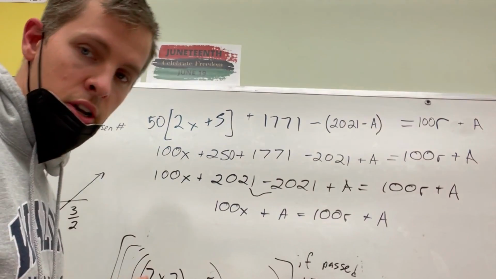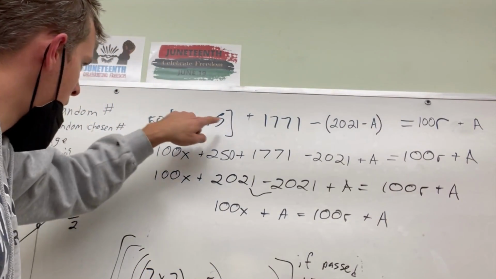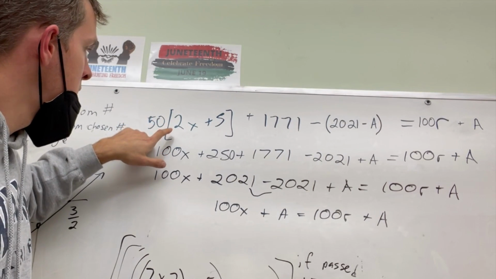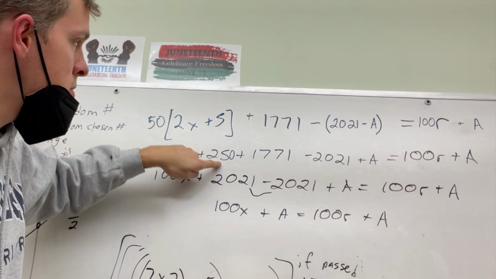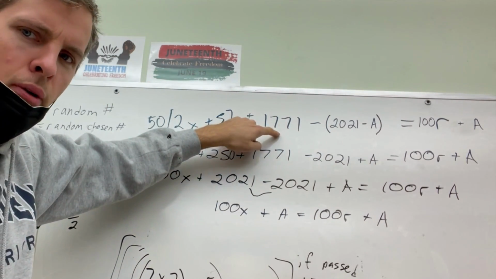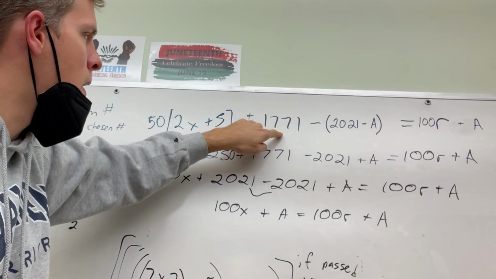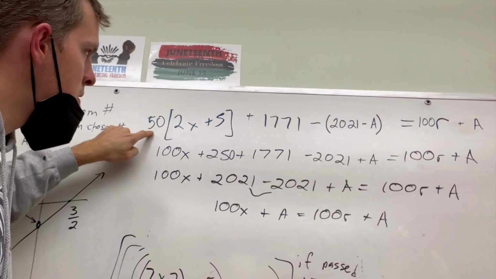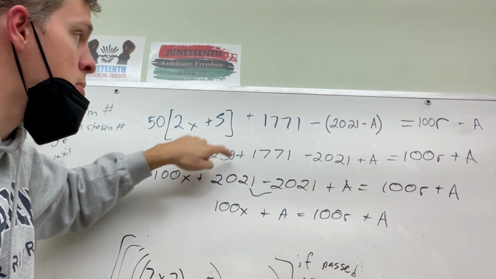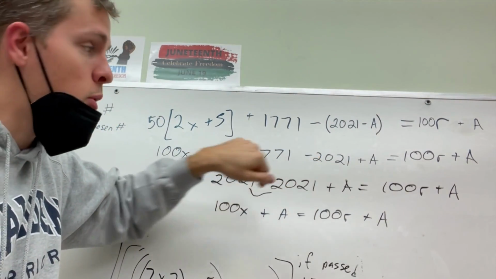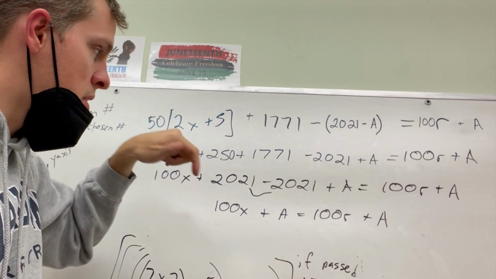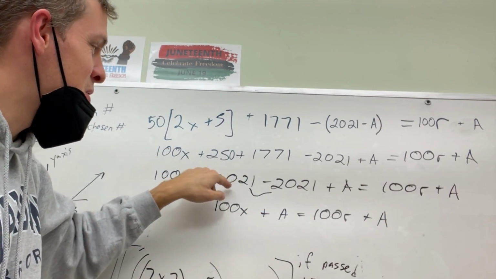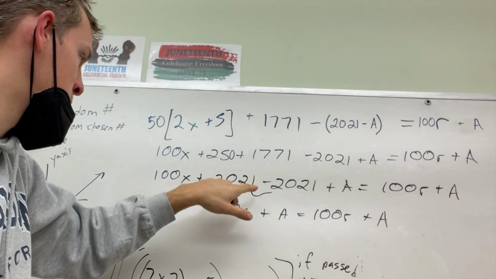So here's what I want you to notice. Those computations up front took a random number and created this 250 number to add to what seemed like a random number, which was not random at all. That 5 times 50 was 250, 250 plus that is the year that we're in. And so those ended up canceling out the 2021.